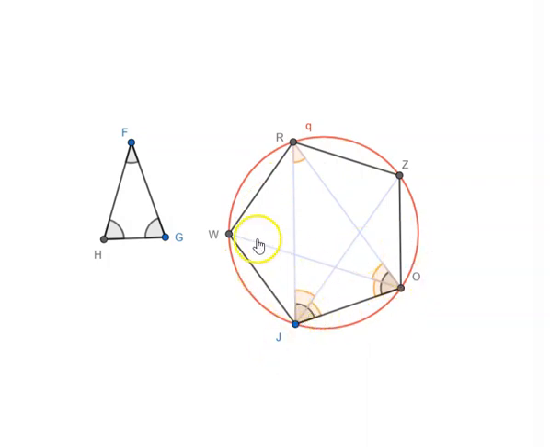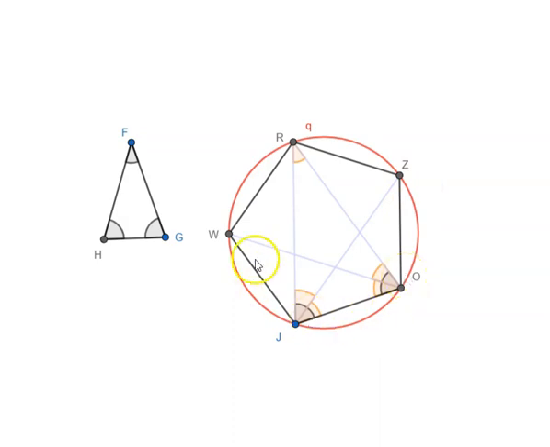Now we have to show that all these angles are equal to each other. We have already shown that these circular segments are equal. So let's take two of these circular segments. Let's say RW we know is equal to ZW. Now to this equality, let's add WJO, RW circular segment and ZO circular segment.